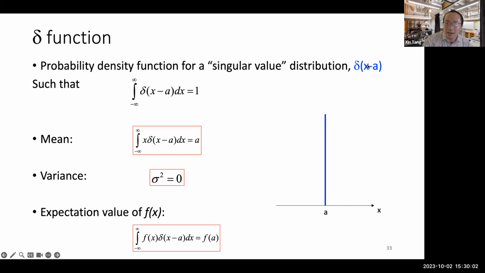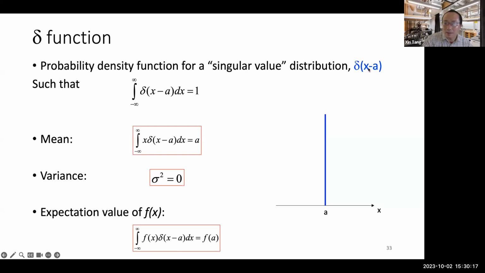People use delta of x minus a to represent that. x is the variable, and a is that single value. Only at that value, so x minus a.